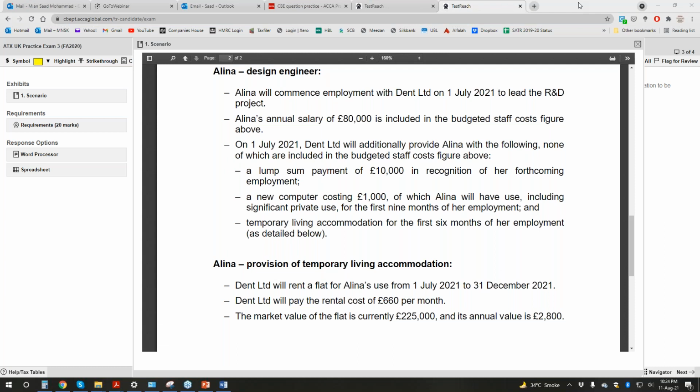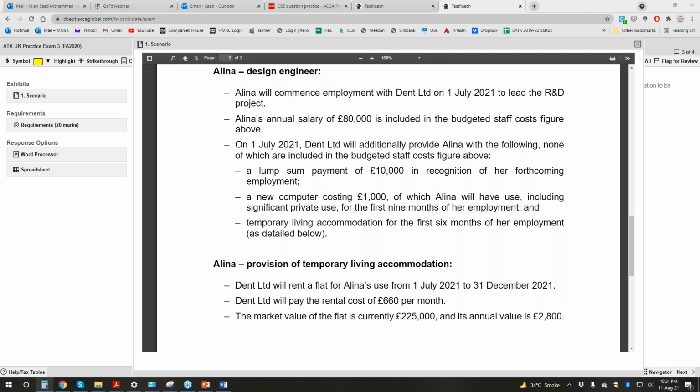Alina's employment income. But as we are talking only from the company's perspective, for every non-cash or taxable benefit that the company provides to an employee, the company has to pay class 1A NI on that. So the company has to pay class 1A NI on the taxable value of the benefit.